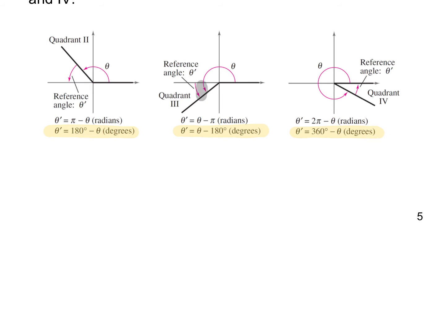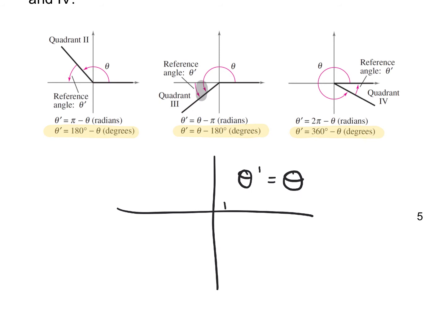So if we put all 4 formulas together: if you're in the first quadrant, your theta prime is going to be the same thing as theta. So this is the first quadrant, second, third, and fourth. If you're in the second quadrant, your reference angle is going to be 180 minus theta.